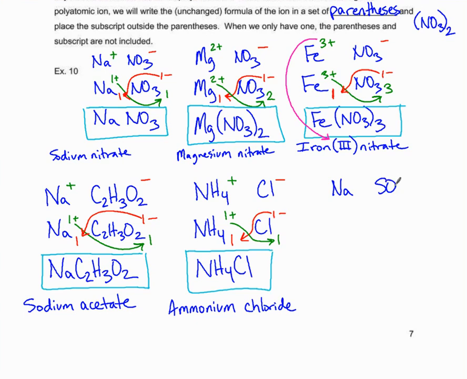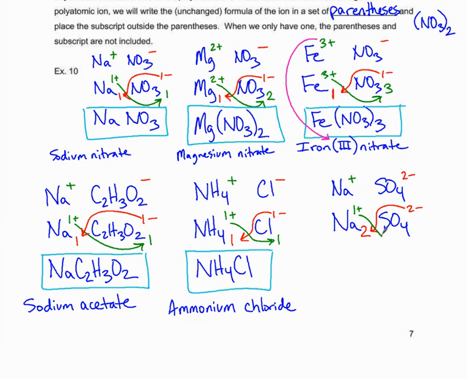All right, so here's one where we have a sodium ion, which has a +1 charge, and an SO4, which has a 2- charge. So the plus is really a 1+, and the SO4 2-. We can go ahead and switch the charges. So this 2 is going to go here, and it tells me how many sodiums are going to be in this particular compound.